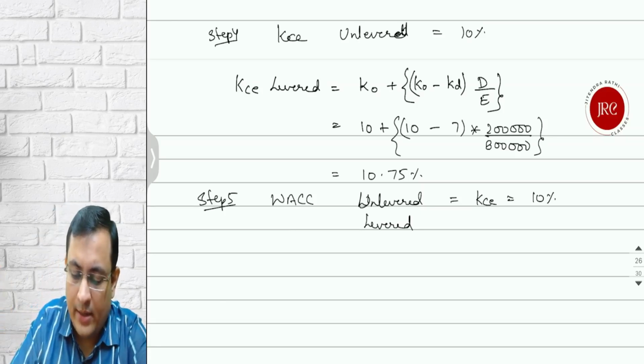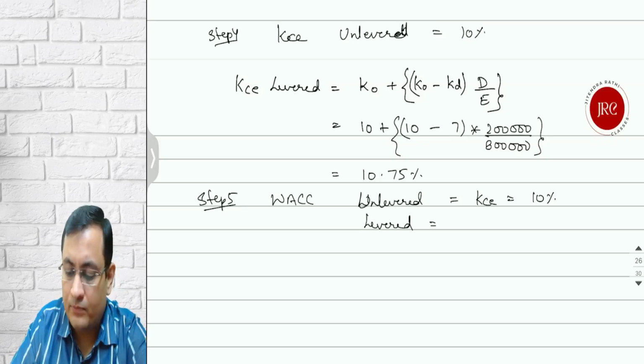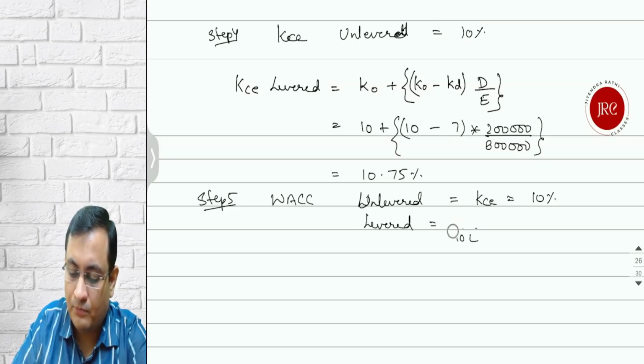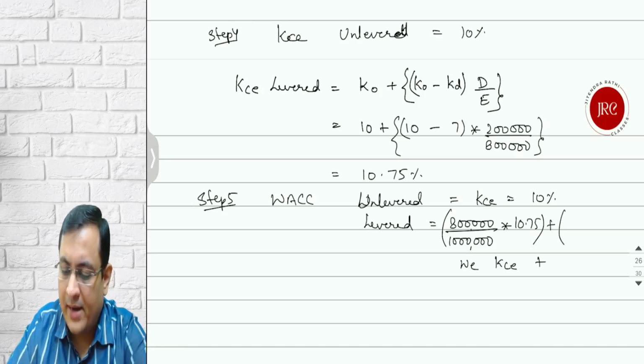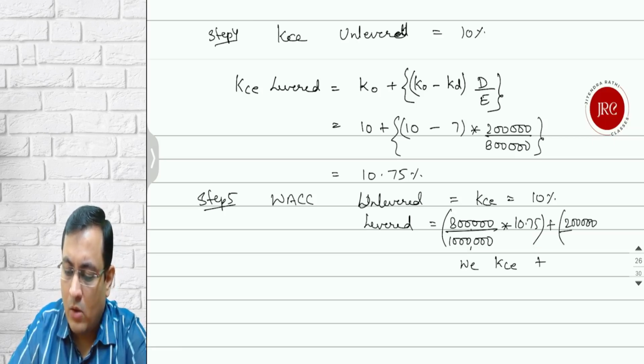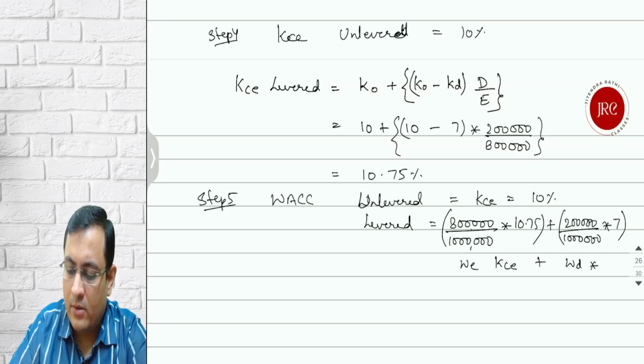So in case of levered, it is weight of equity, 8 lakh over 1 million, multiplied by 10.75, your KCE, plus weight of debt, 2 lakhs over 1 million, multiplied by 7, your cost of debt.